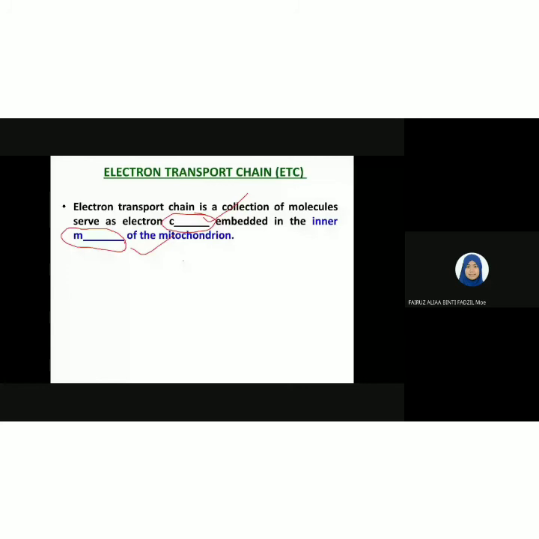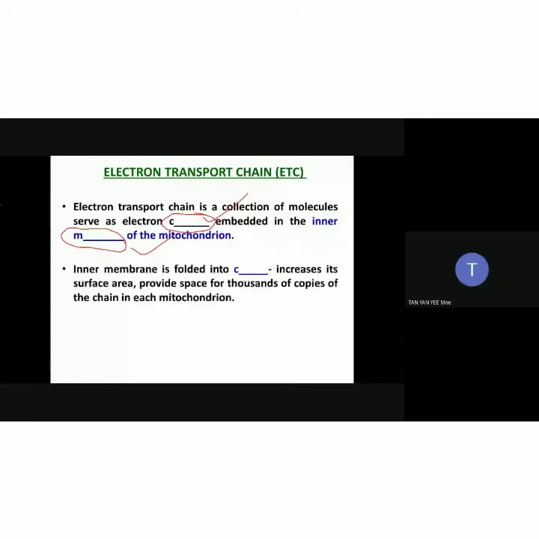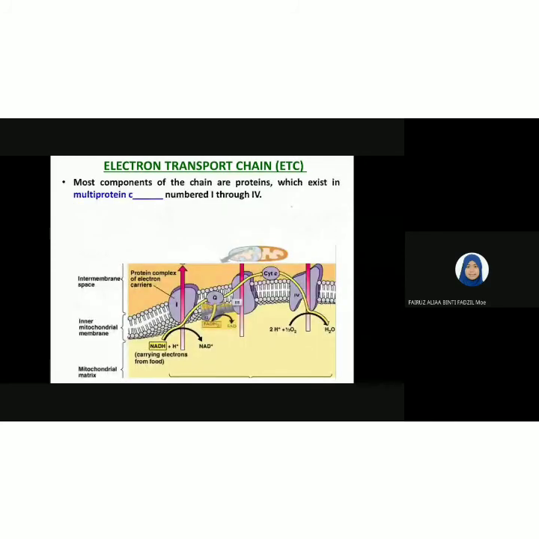The inner membrane is folded into cristae. Next, most components of the chain are proteins which exist in multiprotein complexes, correct?